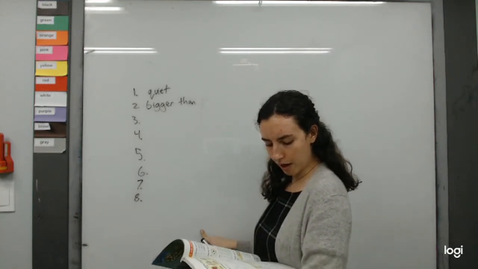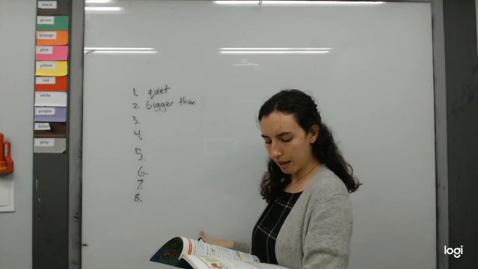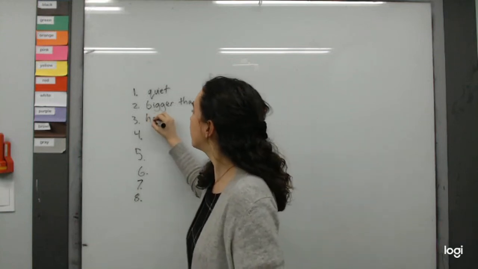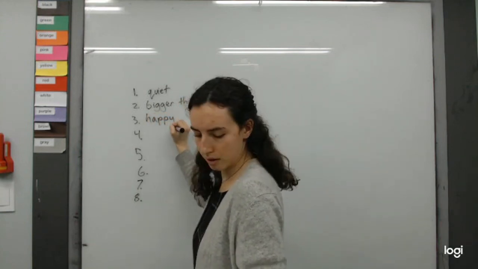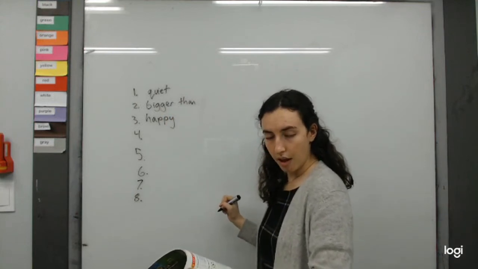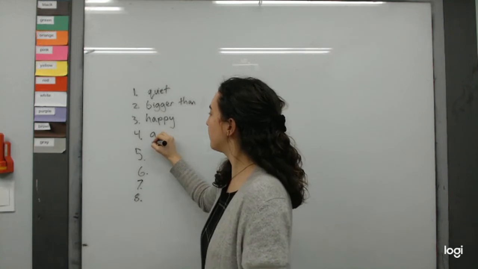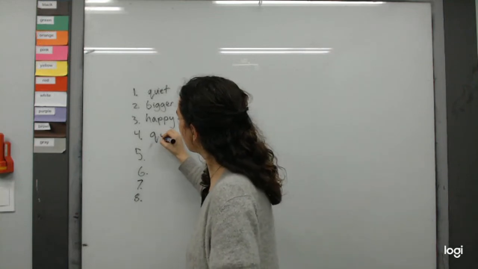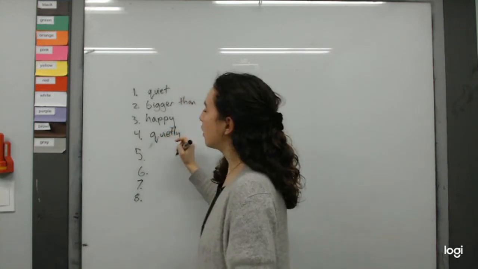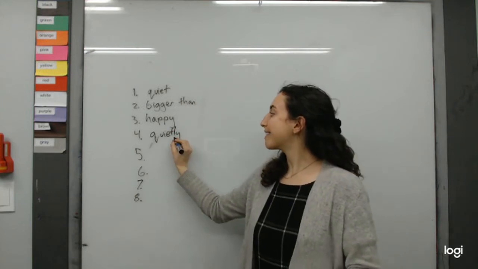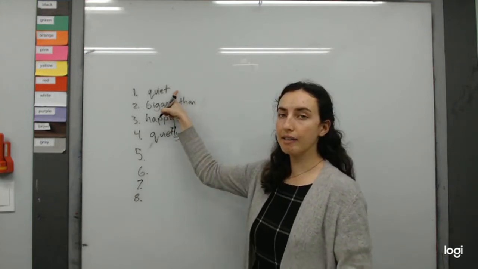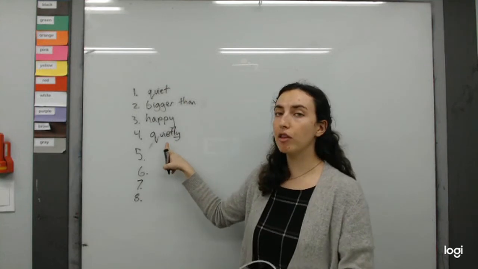Number 3, there is a clown at the party. He has a happy smile. Please talk quietly. The baby is sleeping. So here we use quietly instead of quiet because we are describing the word talk.